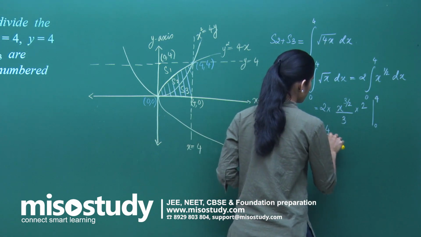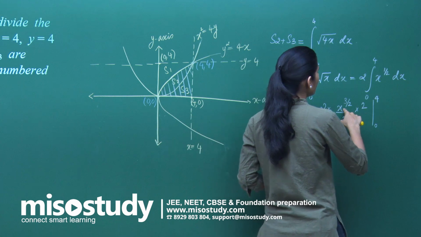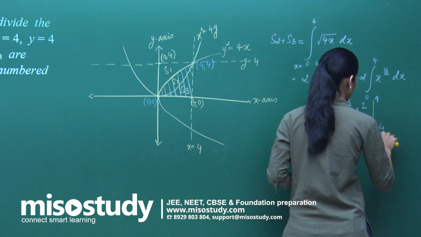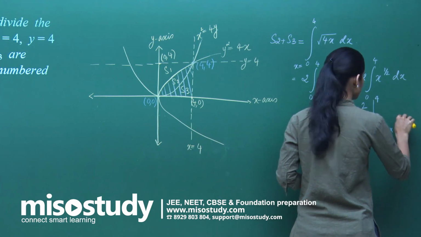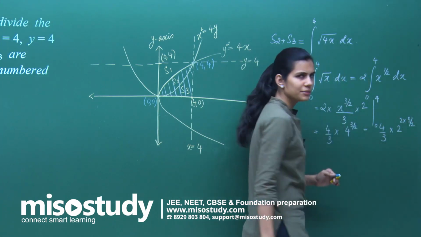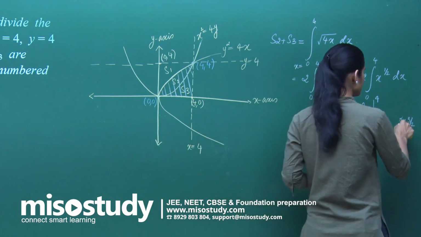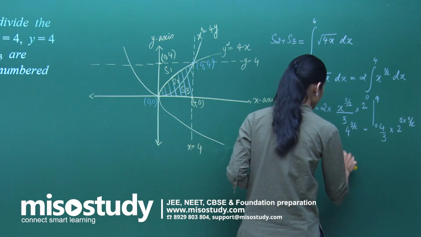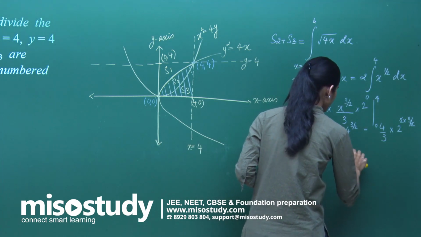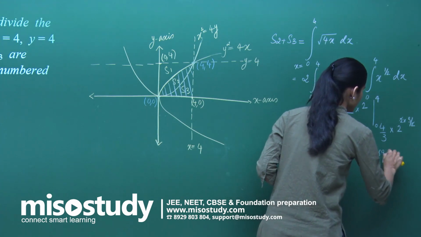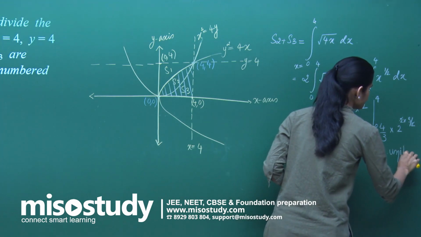So this gives you 4 by 3 into 4 to the power 3 by 2, which gives you 4 by 3 into 2 to the power 2 into 3 by 2. Because 4 can be written as 2 square, this 2 cancels out, you get 2 cube, which is 8. So you get 4 into 8 by 3, which is 32 by 3 square units.